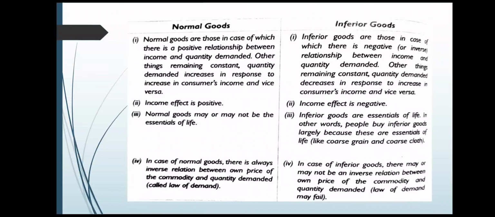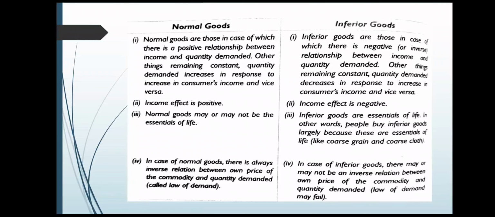Inferior goods are essentials of life. In other words, people buy inferior goods largely because these are essentials of life, like coarse grains and coarse cloth. So inferior goods include all the essentials of life, which are very important for an individual to lead a normal life, and as a result, every individual has to get them.